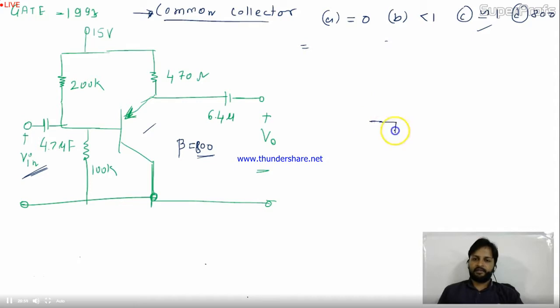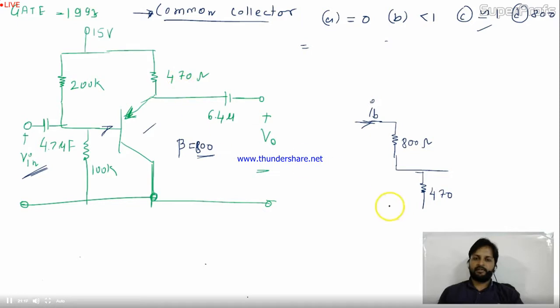The equivalent circuit of this is beta RE, that is 800 ohm, perfectly fine. The current IB is coming like this. Okay. This is the emitter, and the emitter is looking like 470.